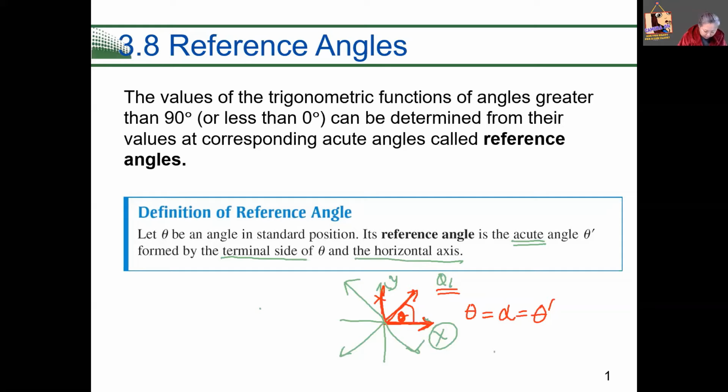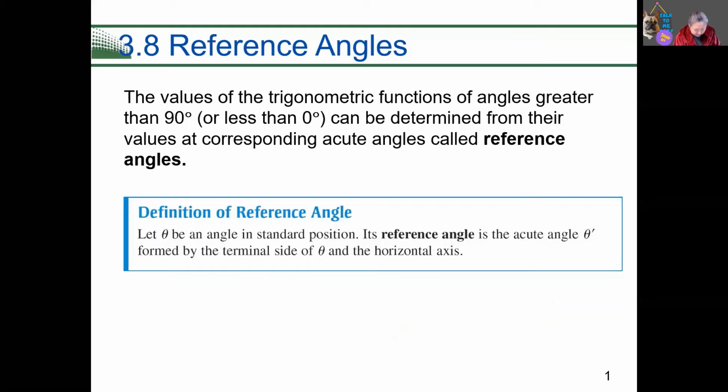All you need to know is the reference angle is always acute, even though the original angle is not acute, for example obtuse. The way you find it is wherever the terminal side of the original angle is placed, the angle between the terminal side and the nearest x-axis, not the y-axis, defines the reference angle. That's all, okay? So let's erase this and move on.